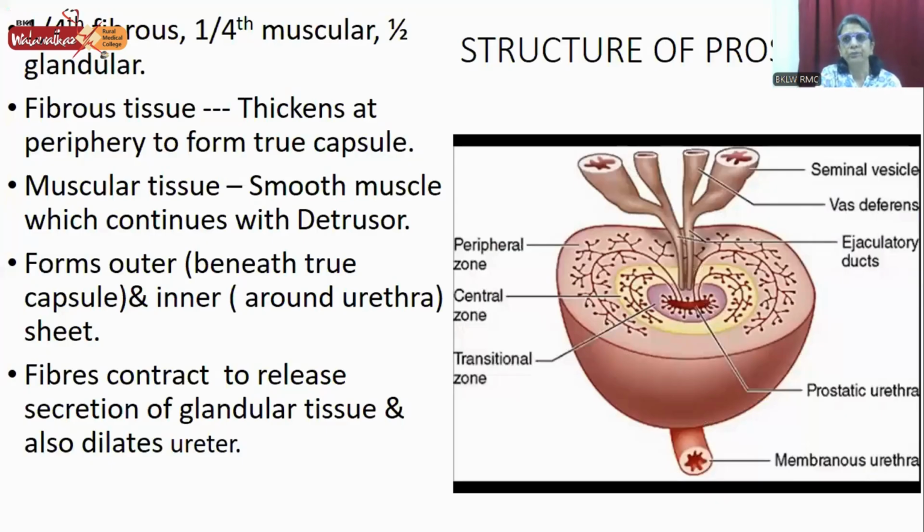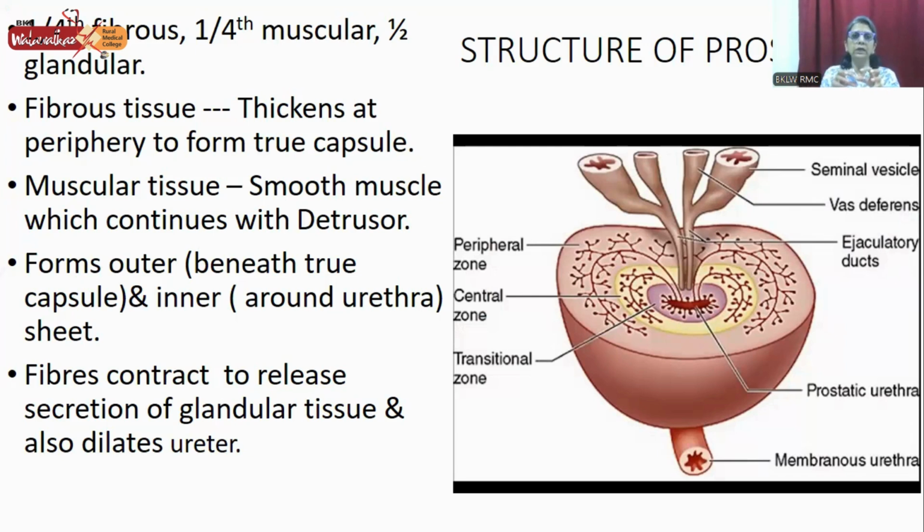Next, what is the structure of the prostate? As you can see in the diagram, the gland has 1/4 fibrous tissue, 1/4 muscular tissue, and half glandular tissue. The fibrous tissue thickens at the periphery to form the prostatic capsule, and outside this capsule, as I told you, there is a venous plexus.